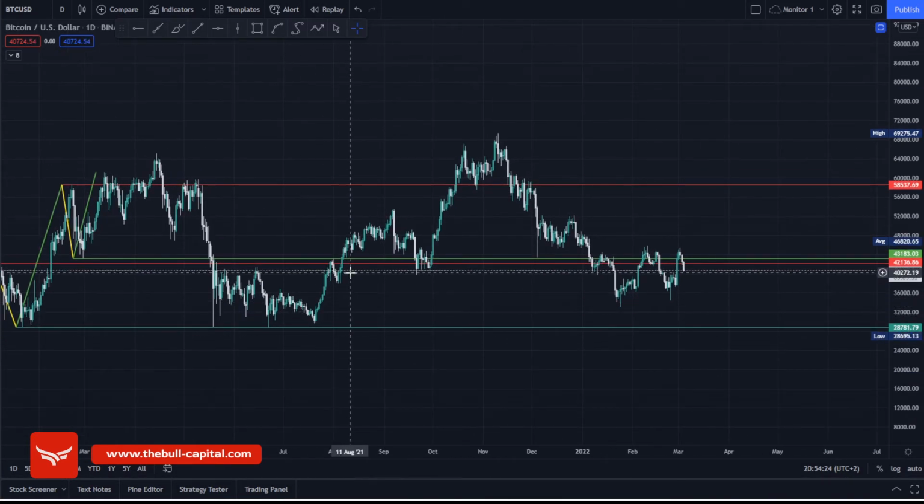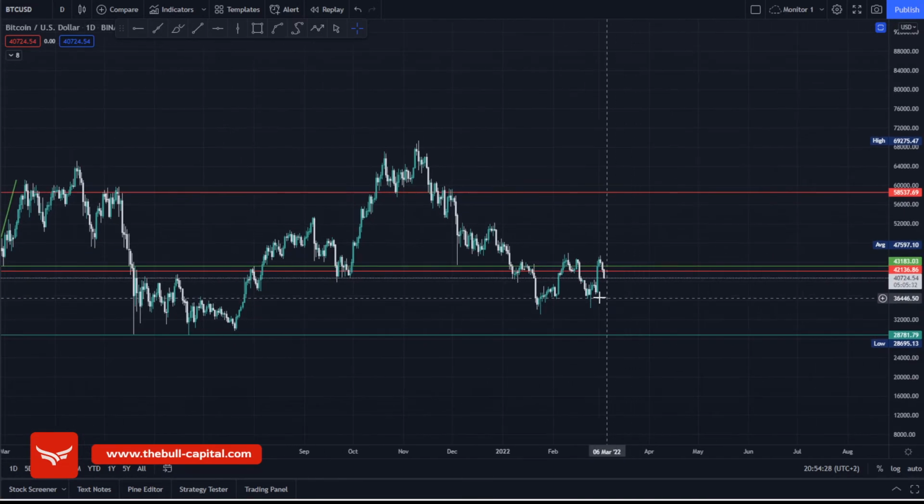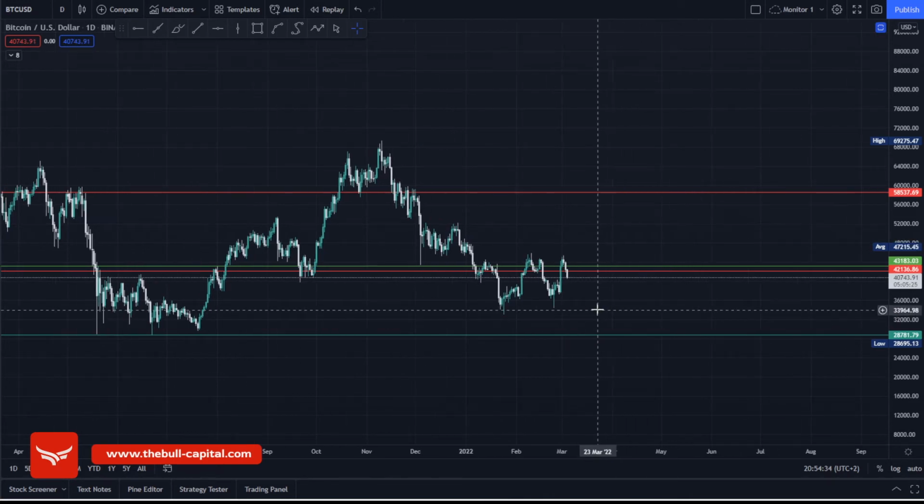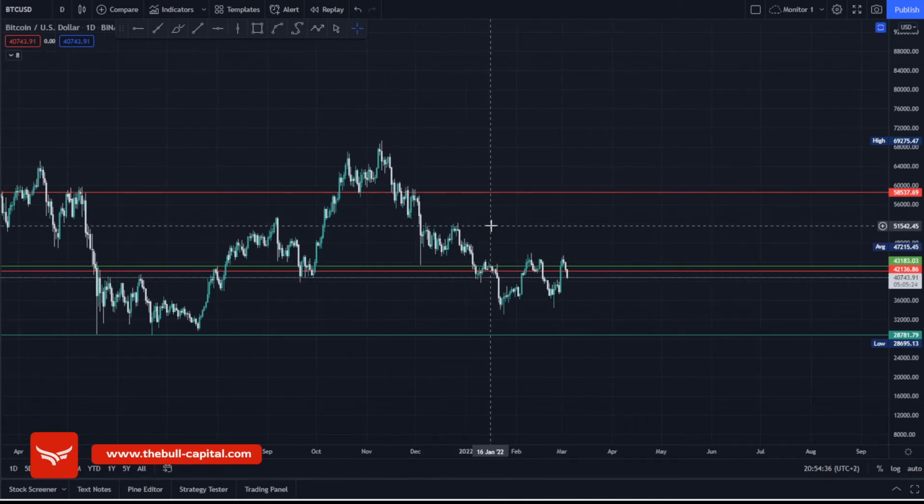But as the price continues to move on the chart, it creates new levels that have not been tested, meaning they have not been touched yet.